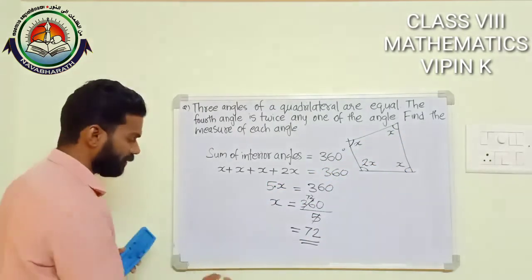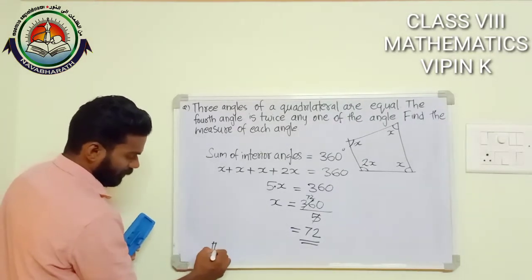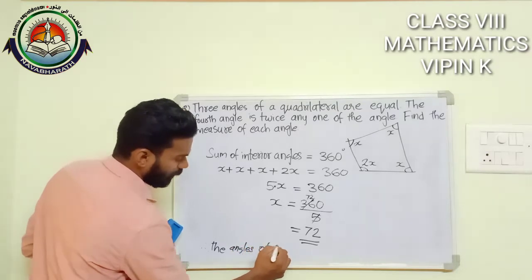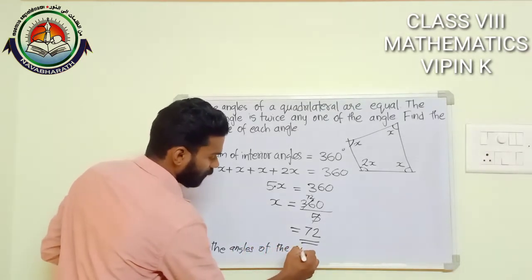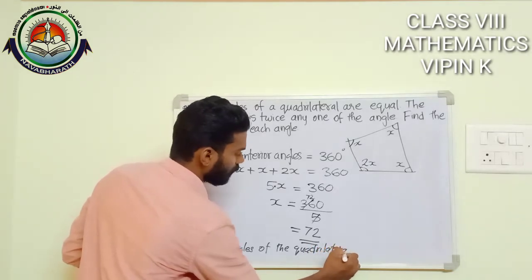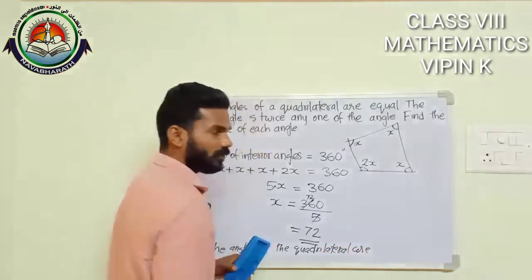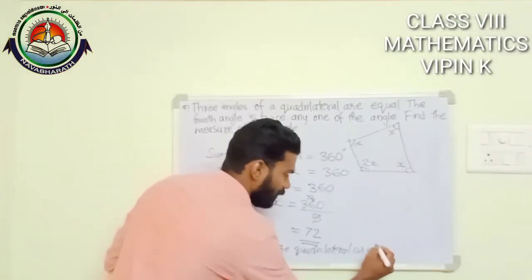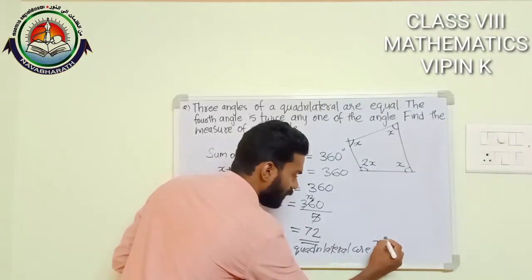Now if we got x, then we can predict all the angles. Therefore, the angles of the quadrilateral are: the first angle is x and the value of x is 72, so it would be 72 degree.